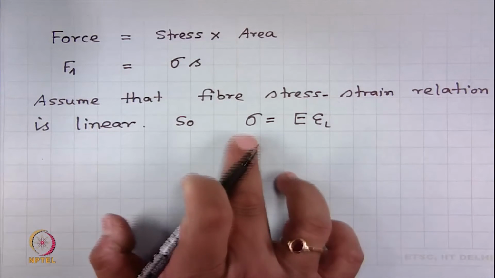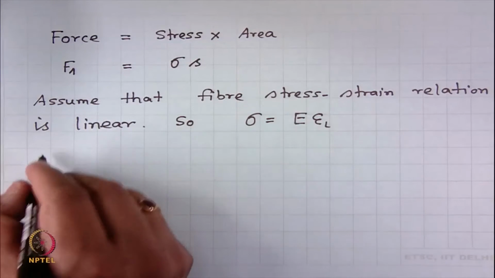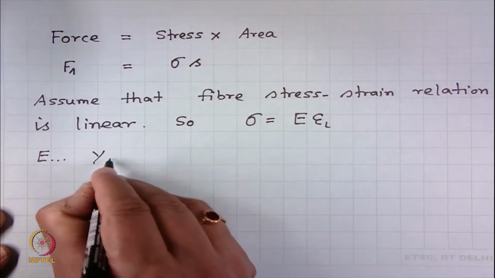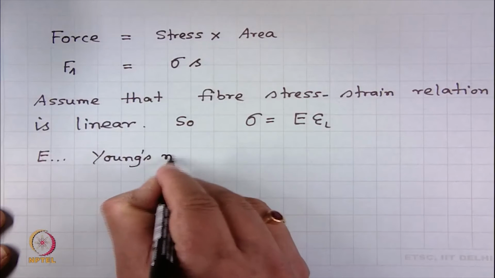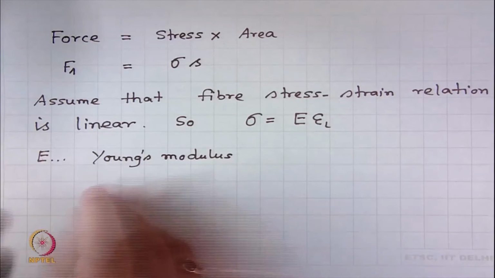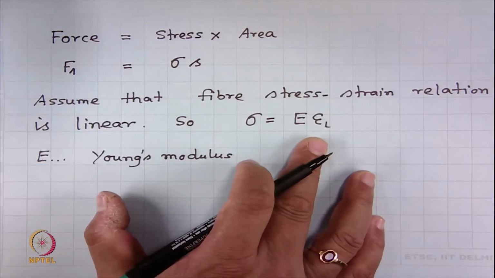Sigma is fiber stress, E is Young's modulus, and epsilon L we know is fiber strain.